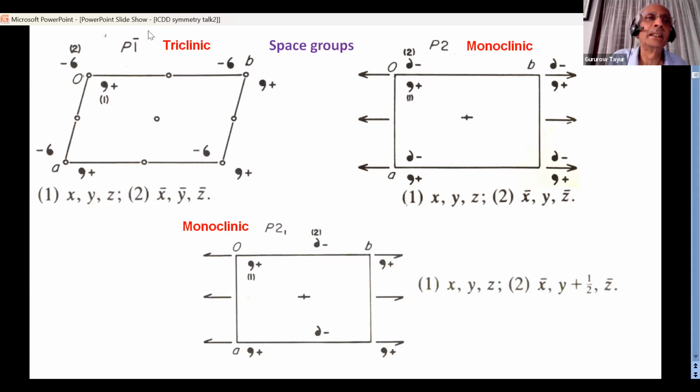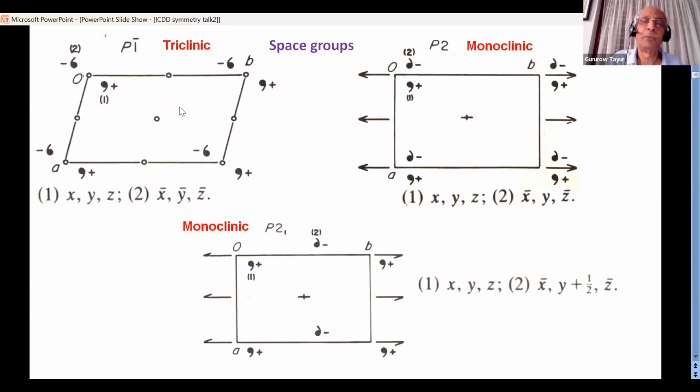We notice that in this particular space group P1 bar, we have several such positions. Each one of them is a different center of symmetry. This center of symmetry is at half, 0, 0. This is at 0, half, 0, and so on.